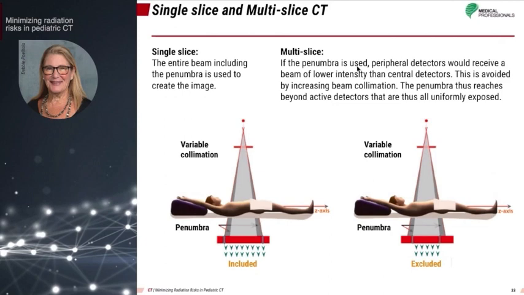However, in multi-slice computed tomography, if the penumbra is used, peripheral detectors would receive a beam of lower intensity than central detectors. This is avoided by increasing beam collimation. The penumbra thus reaches beyond the active detectors, which are thus all uniformly exposed.